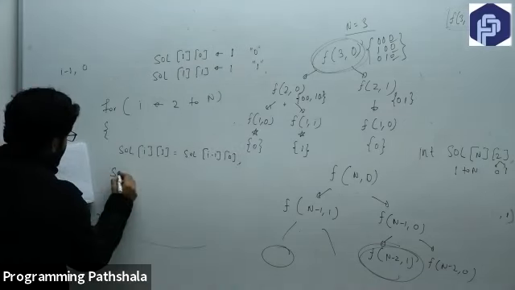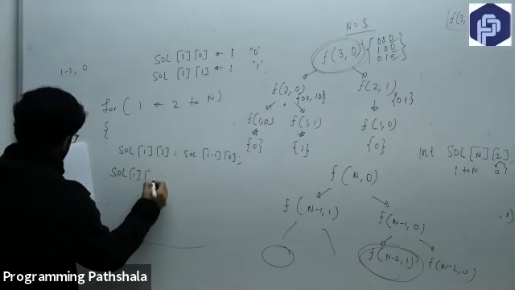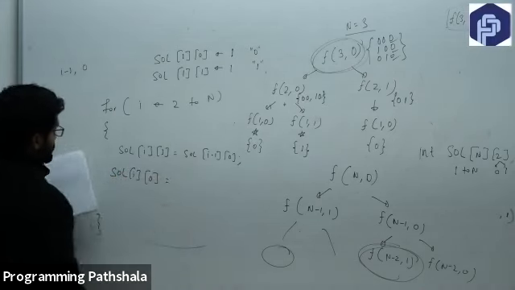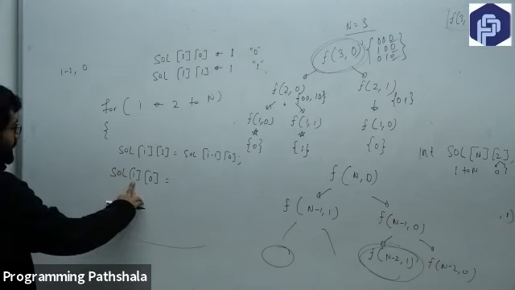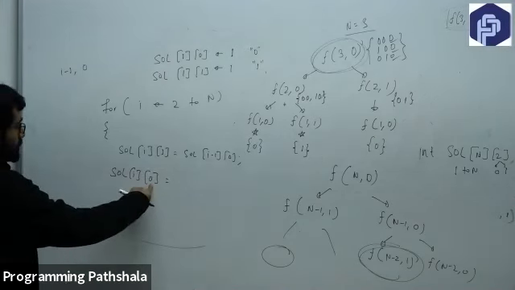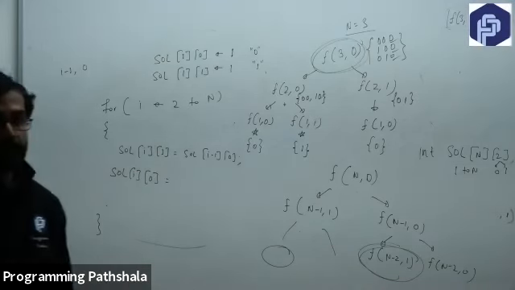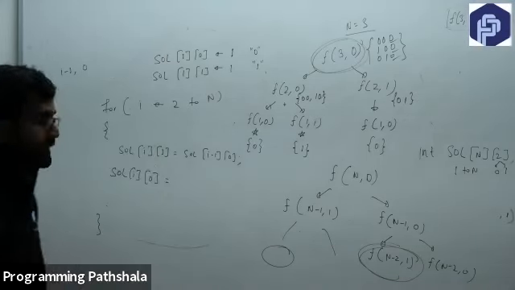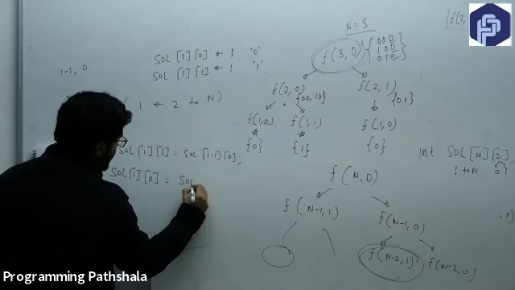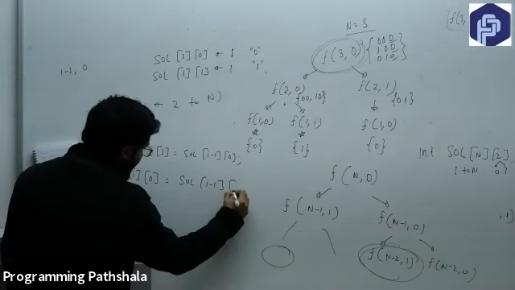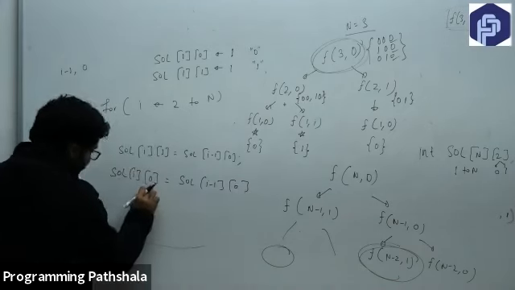And can you tell me the expression for solution of i,0? How many bit strings of size i will be there that end with 0, knowing that you have solved for i minus 1? All those bit strings of size i minus 1 that are ending with 0 can also be concatenated with 0.